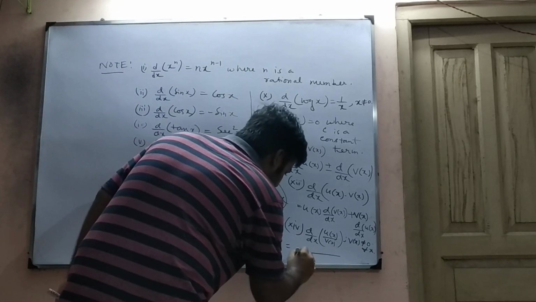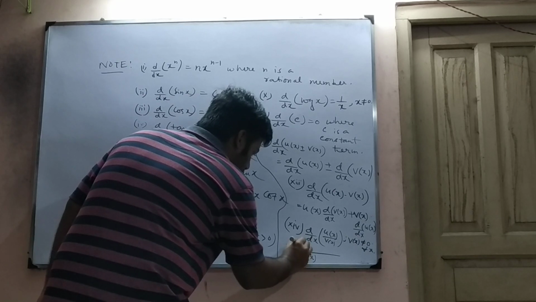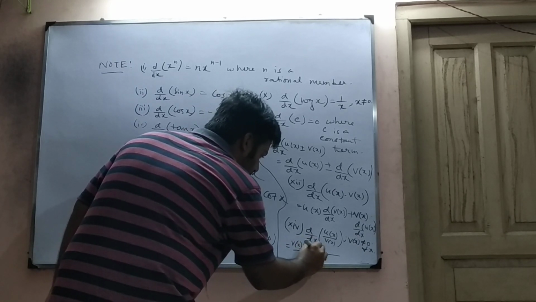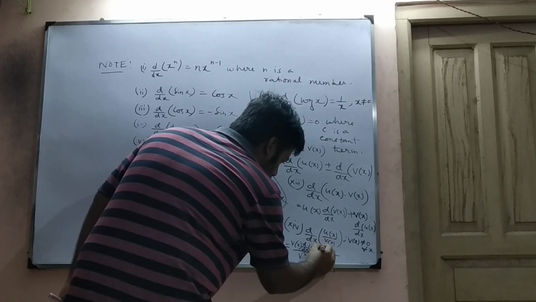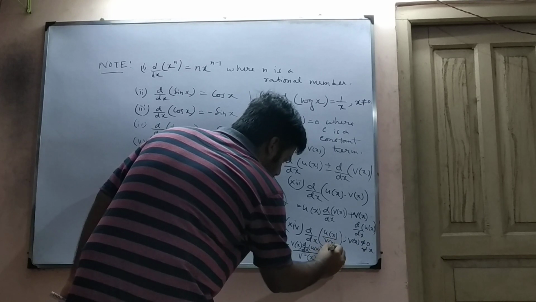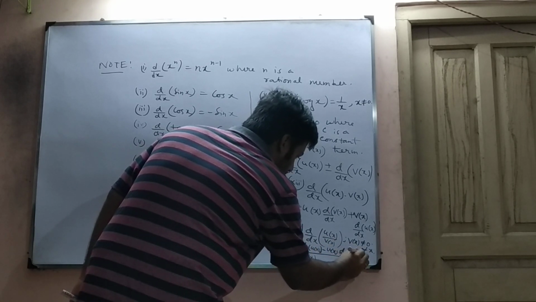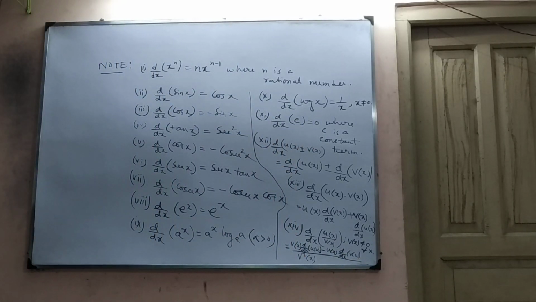You have v square x in your denominator. v(x) into derivative of u(x) minus u(x) into derivative of v(x). Clear? So those are functions which are known to you in your 11th standard.